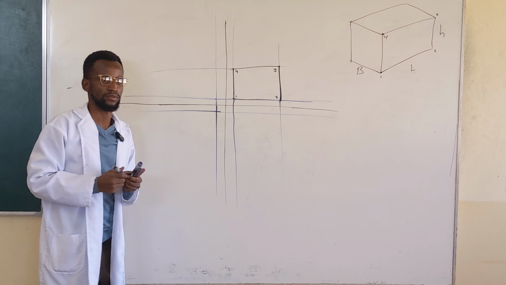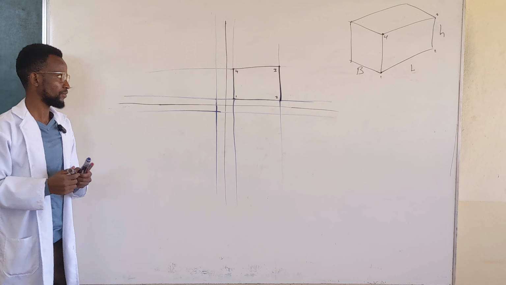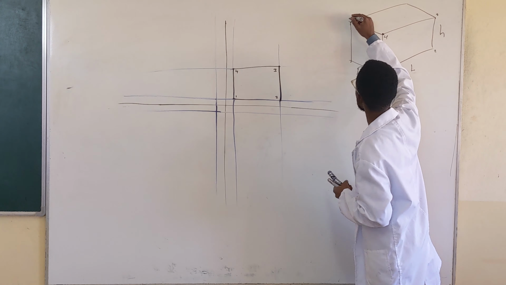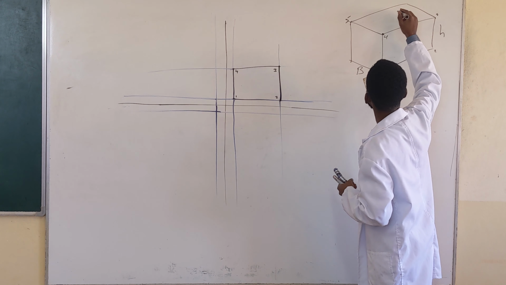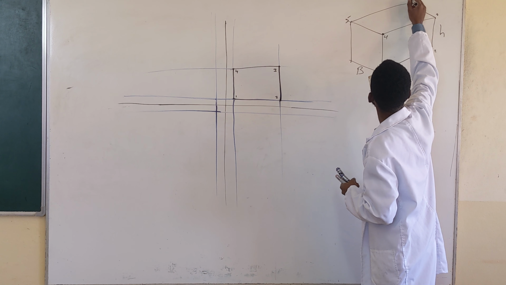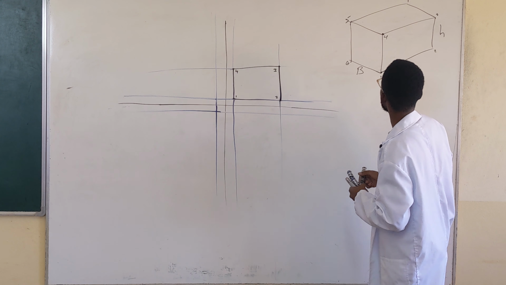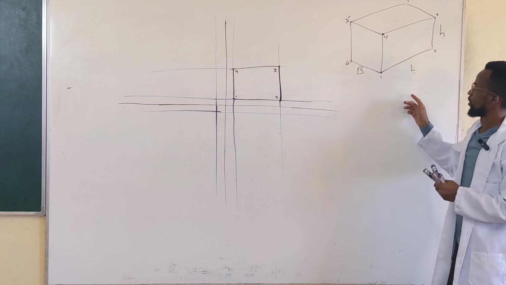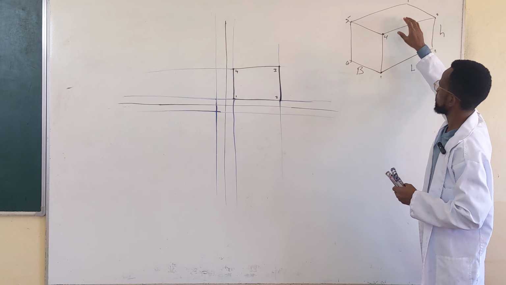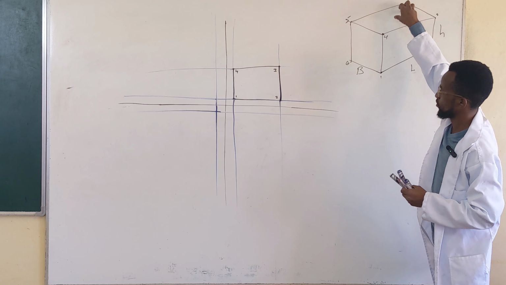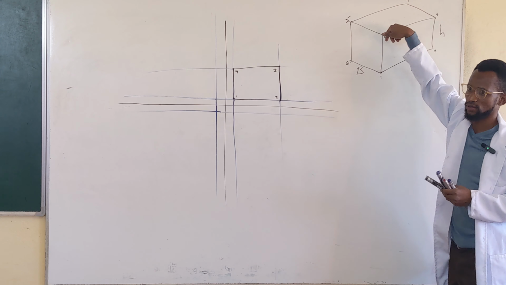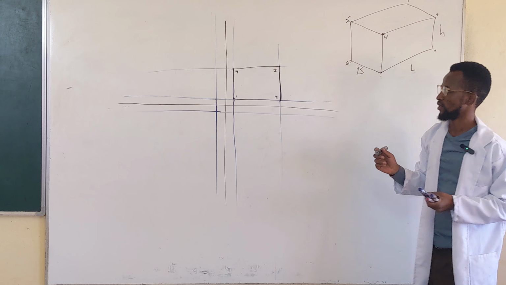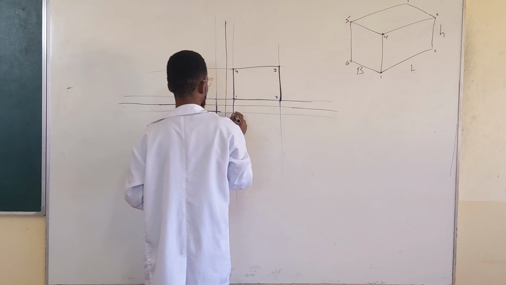This point here, so we have 5, 6, 7 like that. When we look at this object from the top, we're going to see another box, which will start from this point.